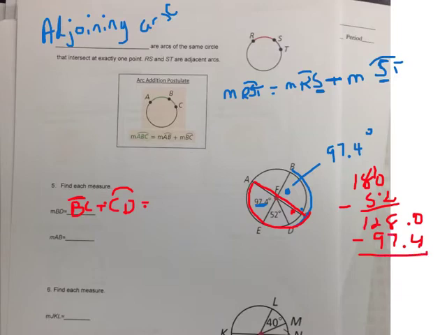So 128 minus 97.4 gives 30.6 right here, where I'm drawing the dot to. So if I want to know the whole thing, it would be 97.4 degrees plus 30.6 degrees.